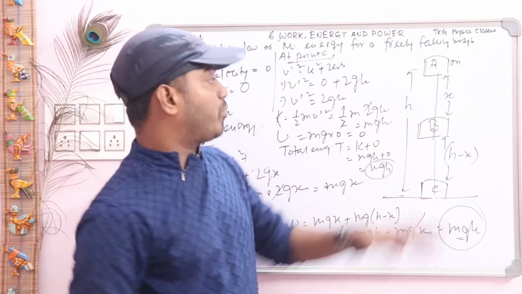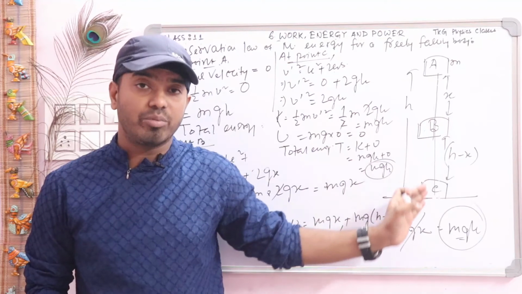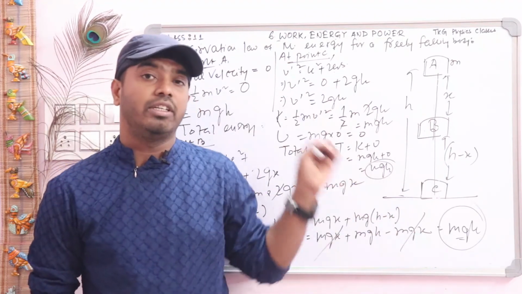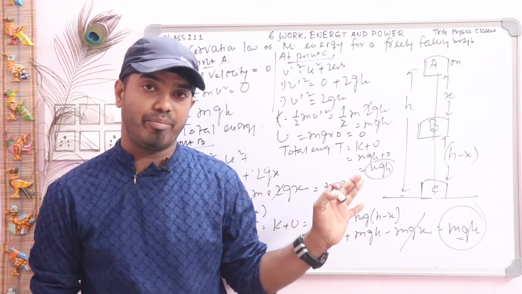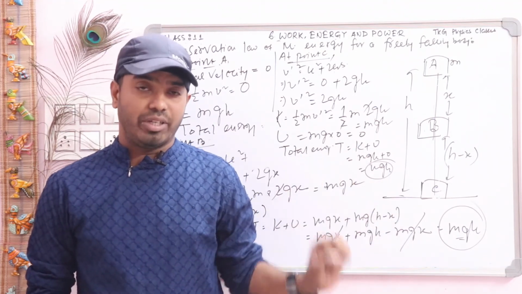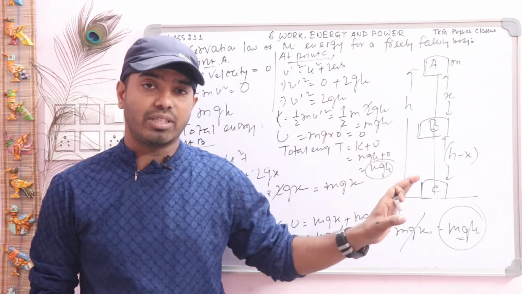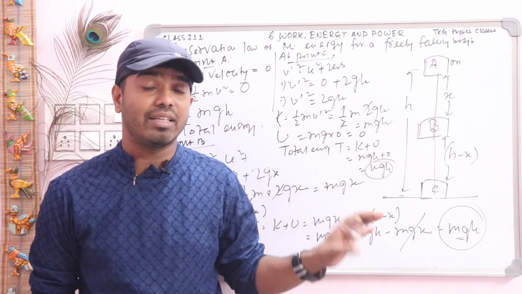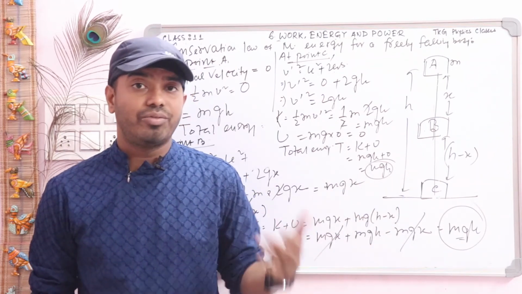So you see at point A, at point B, and at point C, at every point the total mechanical energy is the same. So finally you can say the law of conservation of mechanical energy holds. The principle of mechanical energy is conserved in the case of a freely falling body.